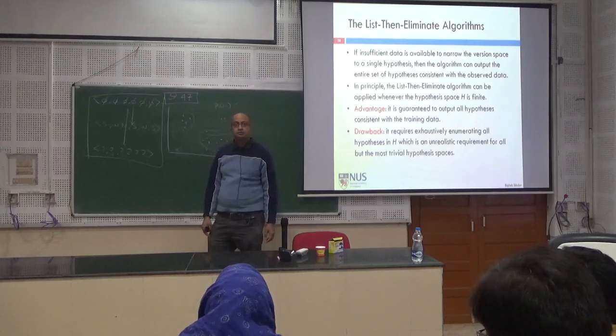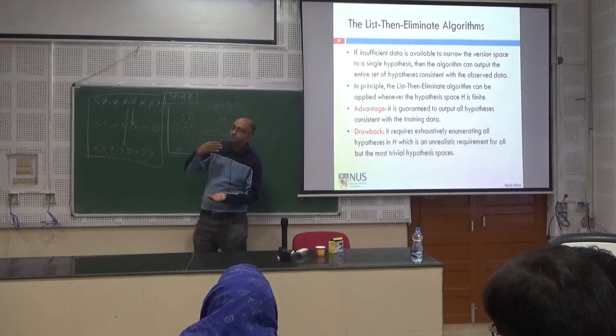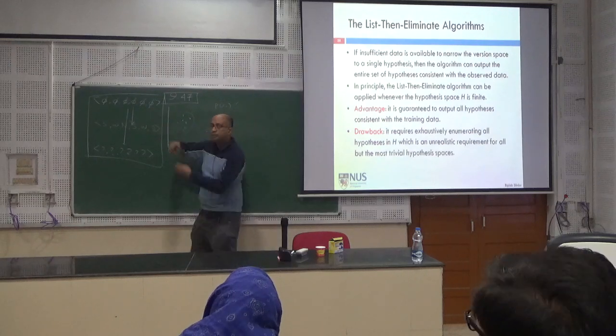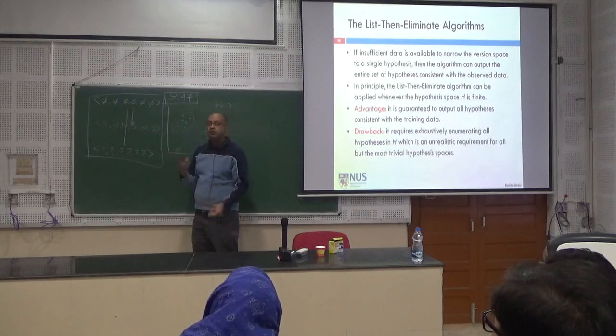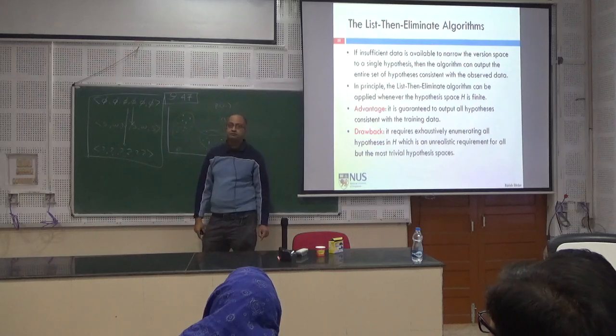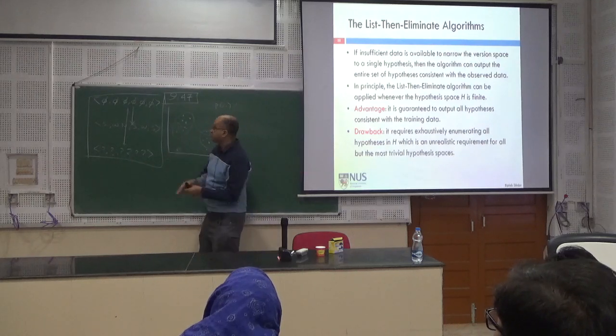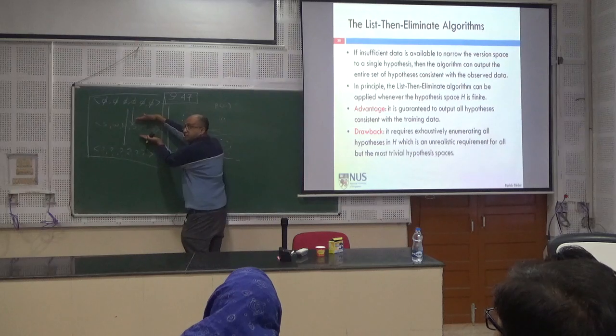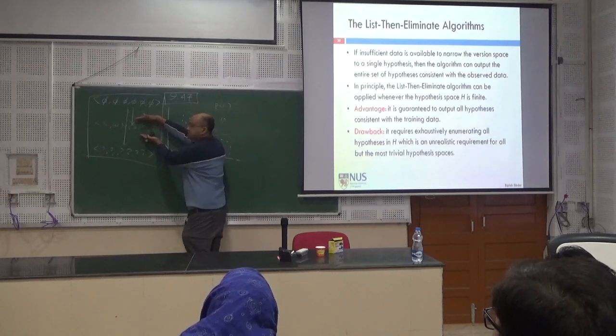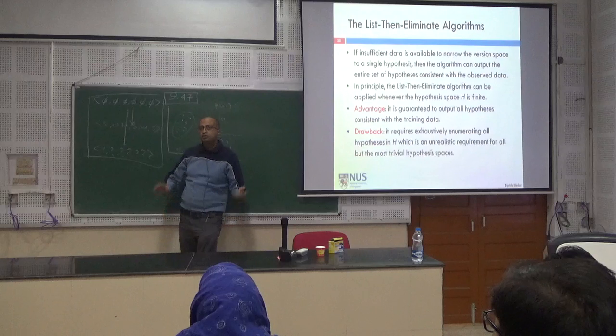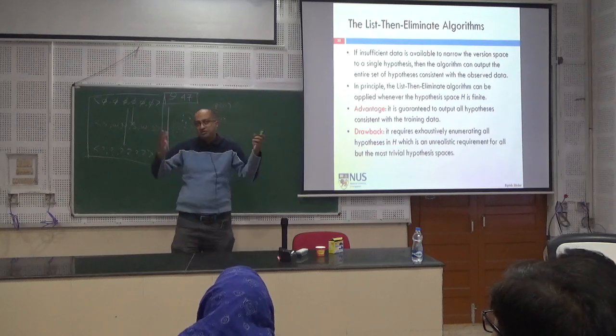Not much. If you have sufficient training data, then slowly you will be eliminating, and hopefully in the end you have only one left. But if you don't, what you'll get is a range in between, saying anything in this range could be possible. Then you don't know exactly what it is, but you have some idea.